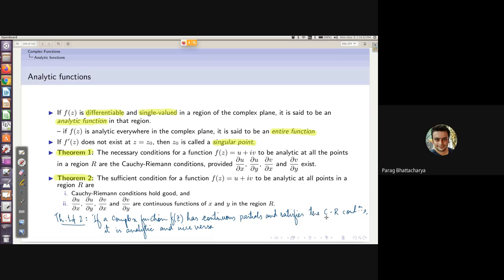Also, if you're able to apply the Cauchy-Riemann conditions, it implies that the partial derivatives are continuous. Then only you can apply the Cauchy-Riemann conditions.